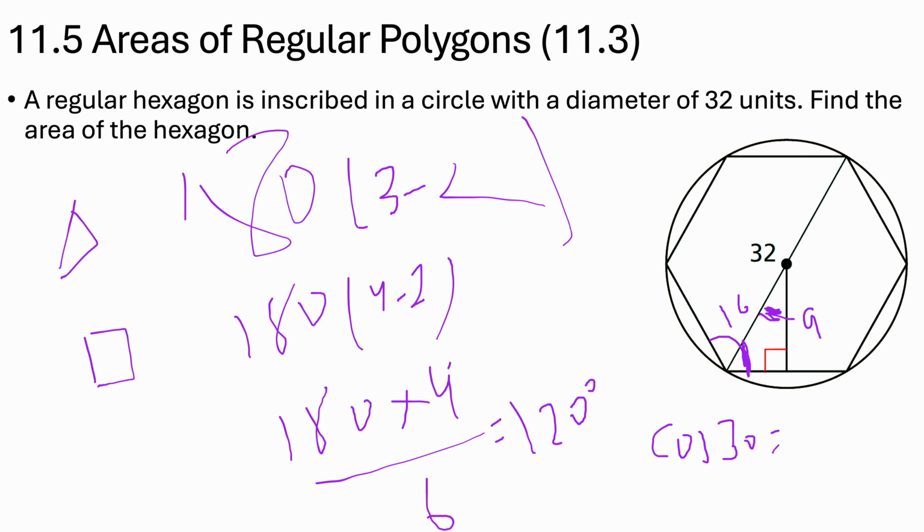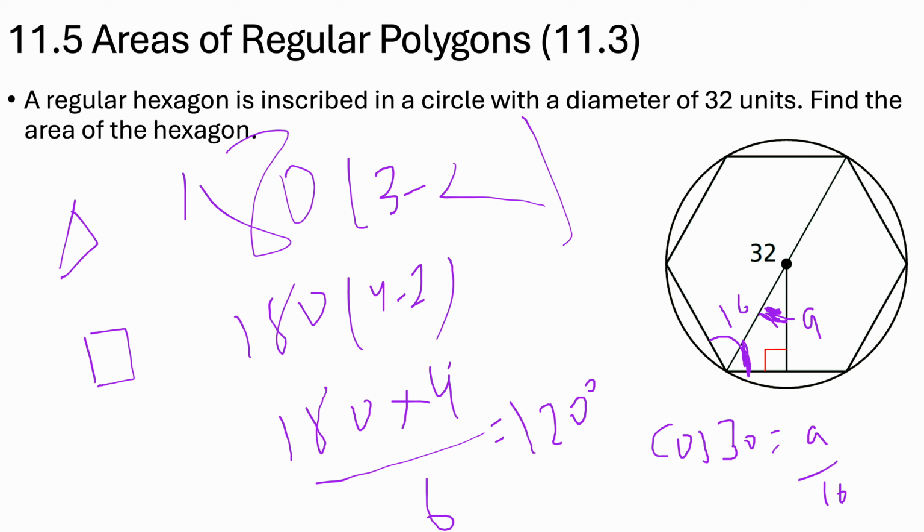This angle is 30. It is about the angle, not about the side. So cos 30 would be equal to adjacent divided by hypotenuse. So A divided by 16. Then you take a calculator and you will find A.